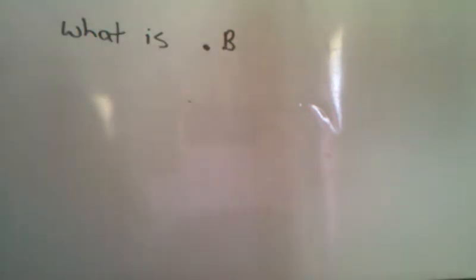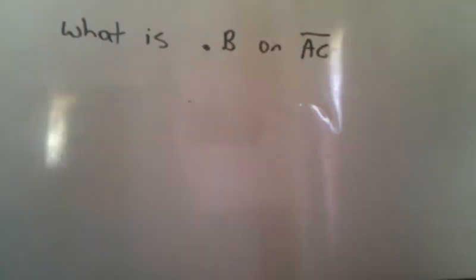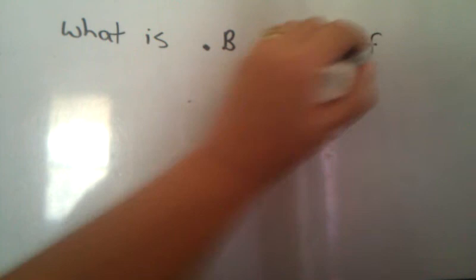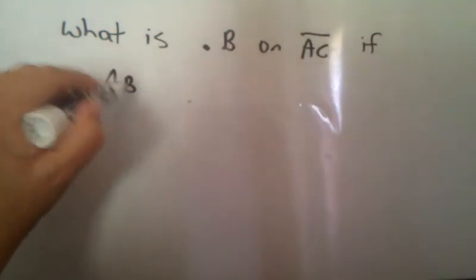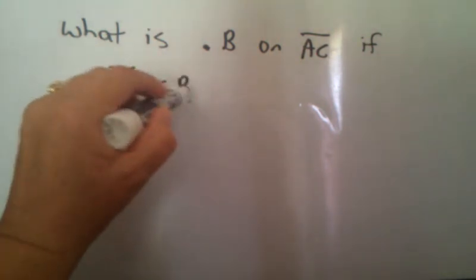Okay, if I have line segment AC, what is point B on line segment AC if AB equals BC?